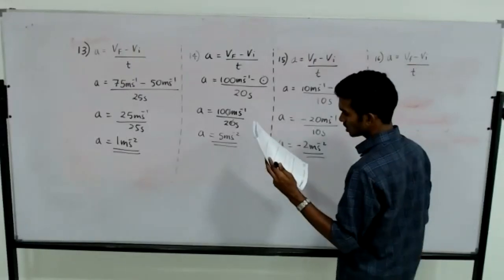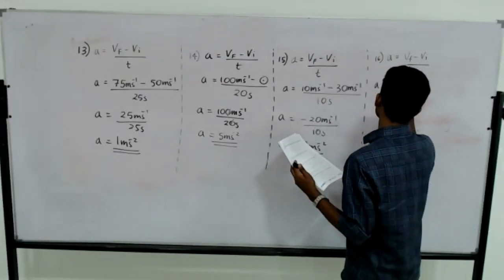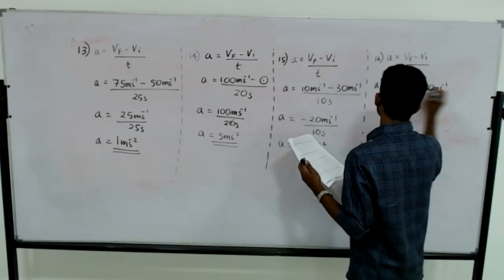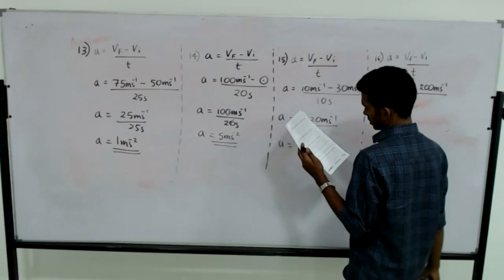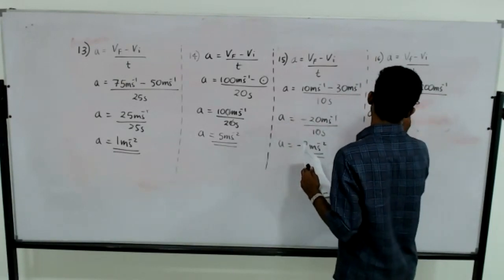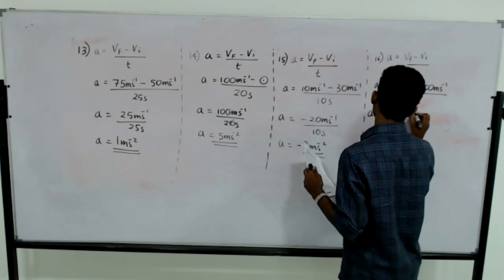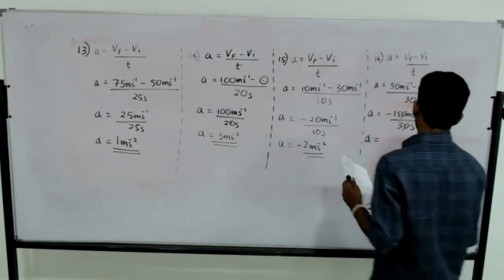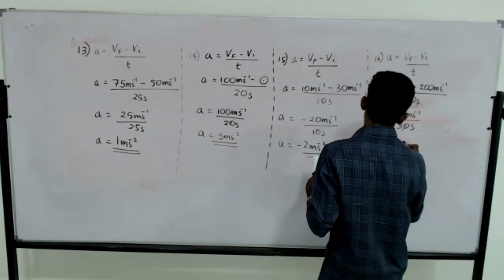Final is 50 ms to the power minus 1 minus 200 ms to the power minus 1, divided by 30 seconds. Acceleration is minus 150 ms to the power minus 1 divided by 30 seconds. How much? Minus 5 ms to the power minus 2.